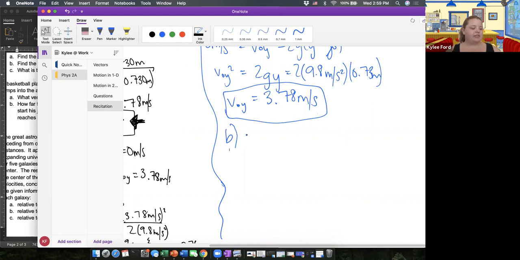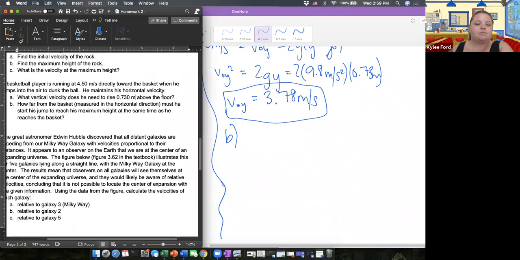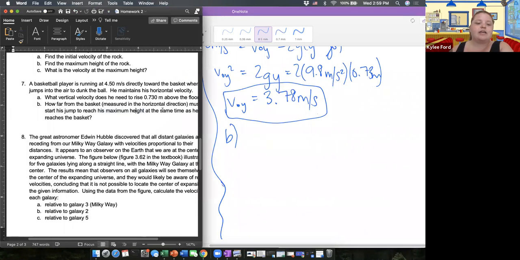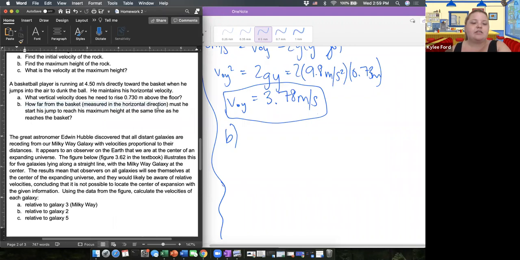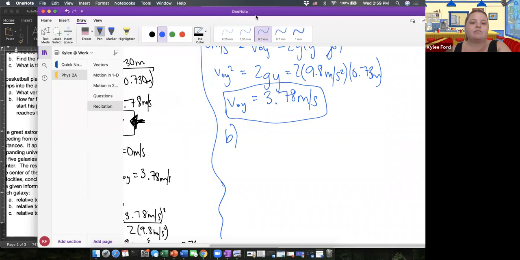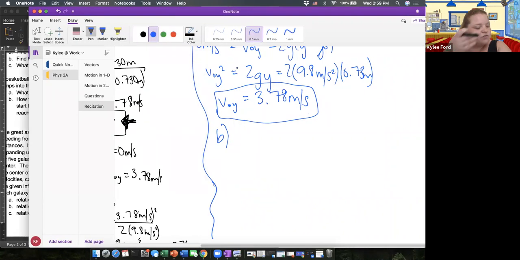Now part B, this is where we are looking for the maximum height. We're saying the maximum height should be at the same time as he reaches the basket, and we want to know how far from that basket he needs to be. I overdid this one as well. So we're looking at what distance we need to be at.